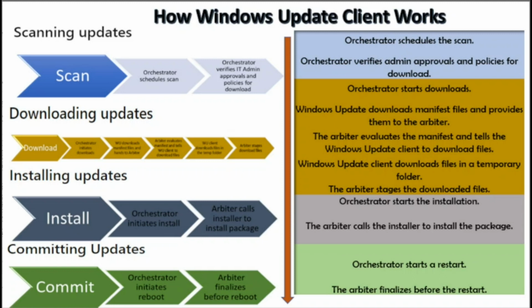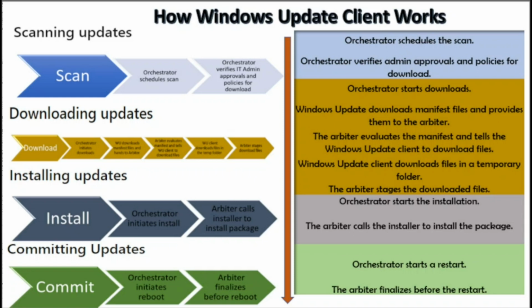The Update Orchestrator searches only for updates that have been added since the last time updates were scanned, allowing it to find updates quickly and effectively. When checking the update, the Windows Update Orchestrator evaluates whether the update is appropriate for your device. It uses guidelines defined by the publisher of the update.